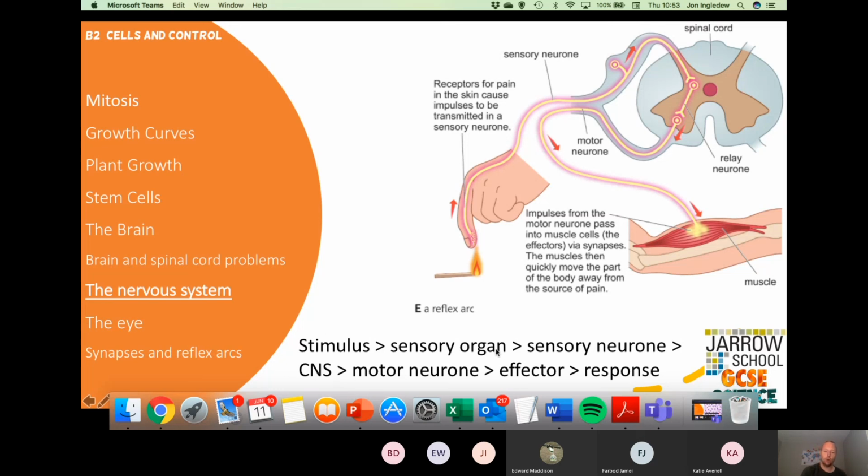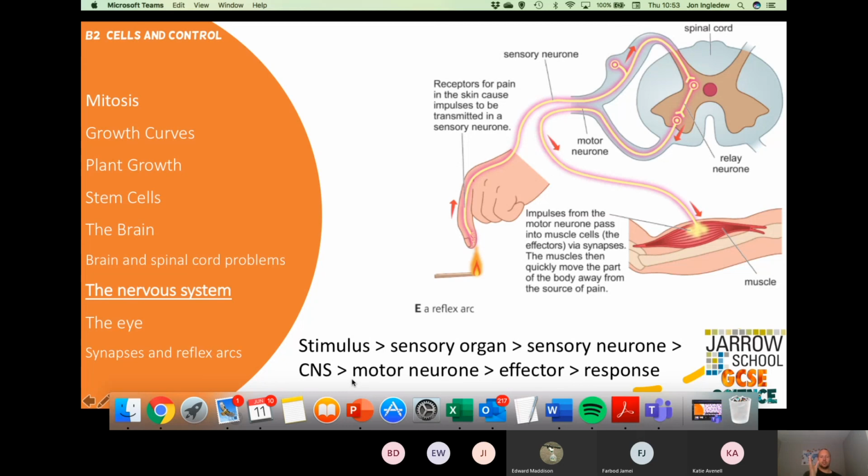A sensory organ is something that basically senses that change in the environment. So your retina in your eyes, the cochlea in your ears, you've got heat and touch receptors in your fingertips. They're all sensory organs. Right, sensory neurons connect the sensory organ to your central nervous system. What is the central nervous system? It's the spinal cord and the brain.